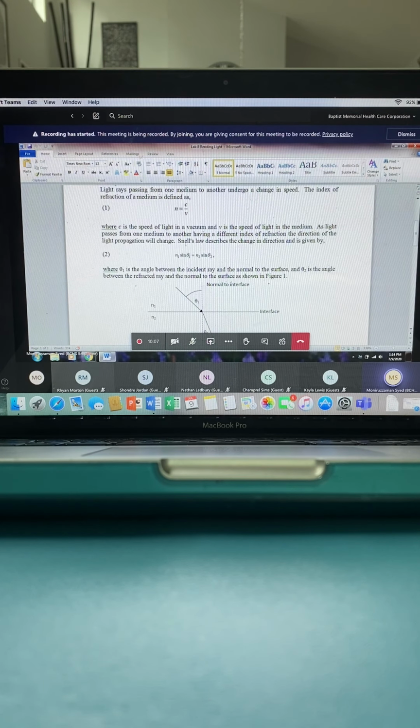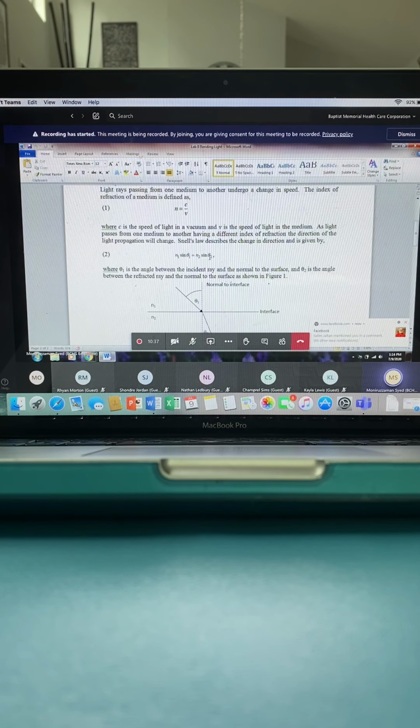Next is Snell's law. Snell's law basically describes, as I mentioned earlier, that if you have the index of refraction of any media, which is N1, and theta 1 is the angle of incidence in that media, that has to be exactly equal to the index of refraction of the second media where light is passing through, N2, and sine theta 2.